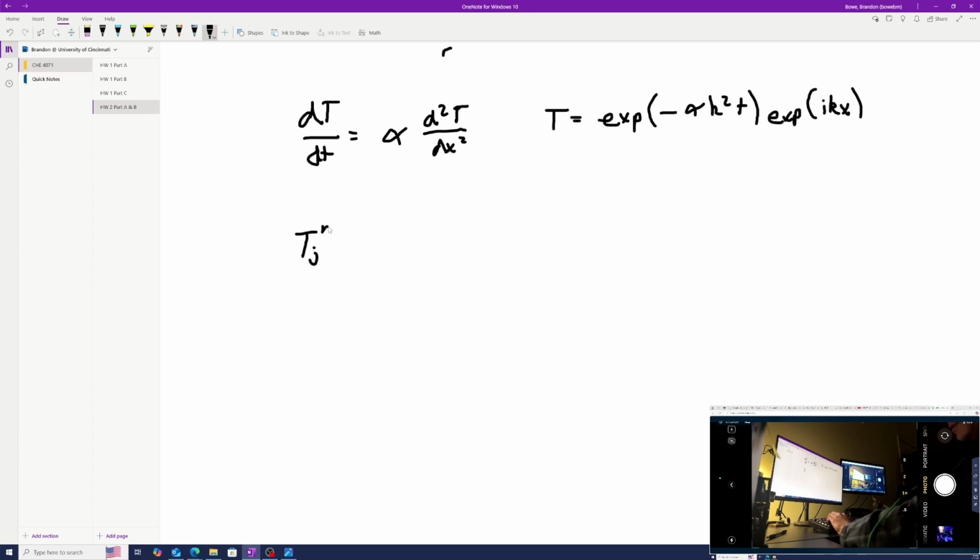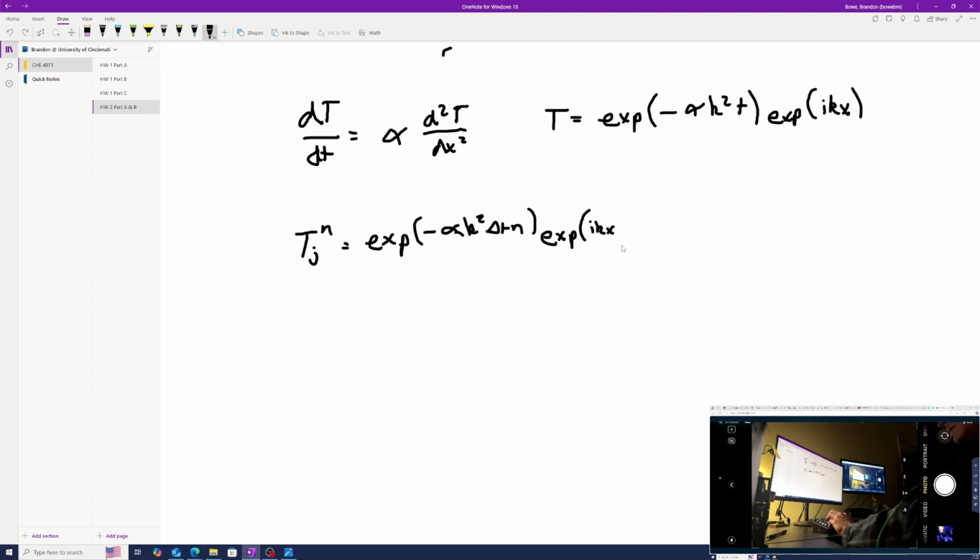So if we were to do this equation for a specific temperature and position, this would slightly change things, and we'd have our exponential of minus alpha k squared, our change in time, times our n, which would be whichever time step we determine it to be, and then again our exponential of I kx.